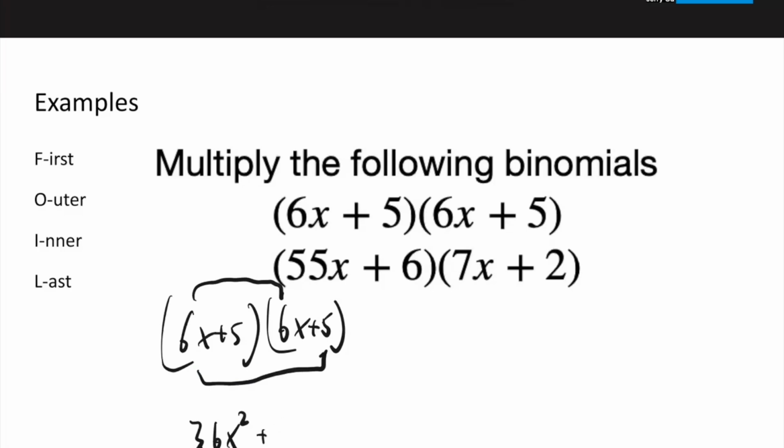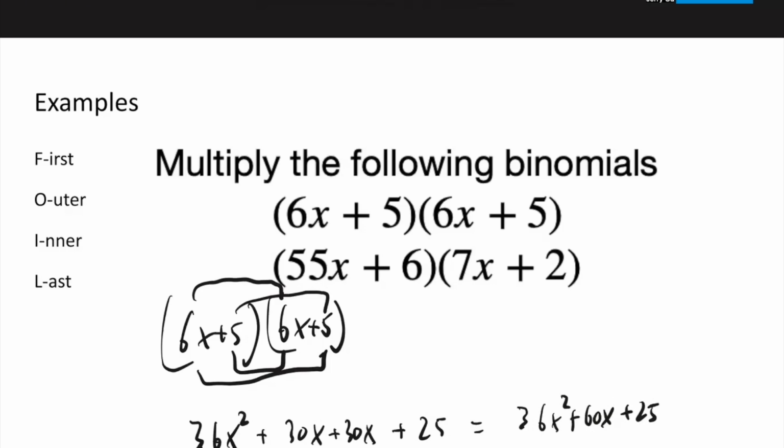Multiplying and adding it to the list, we have 30x. Inner then is 5 times 6x. Last is 5 times 5. And then after combining like terms, we get 36x squared plus 60x plus 25. This is your answer.